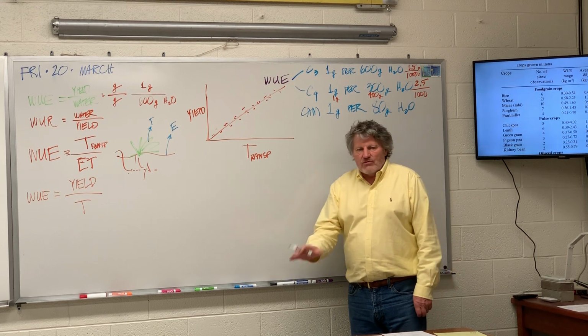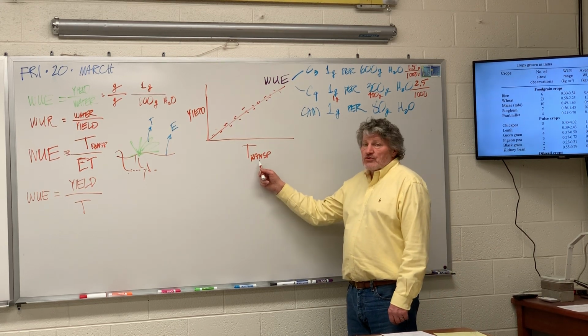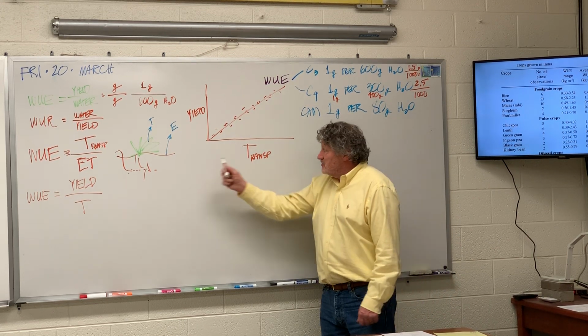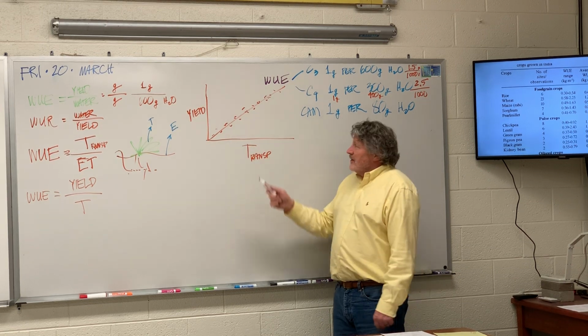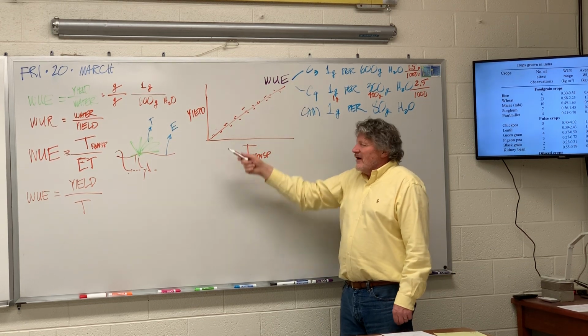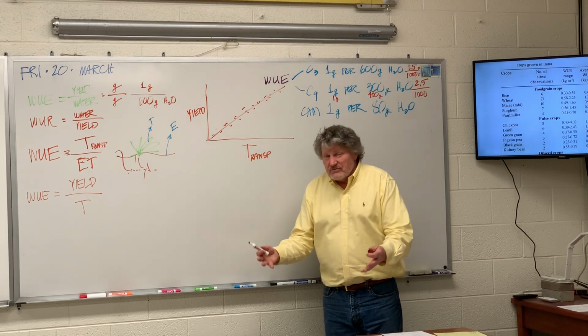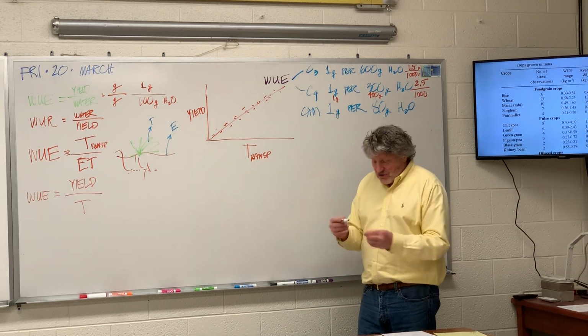It's a very accurate way to predict yield if you know how much water went through the plant. Not ET, just the T. But what can we do about this? Is the whole line straight? As physiologists, how could we use this water more efficiently?